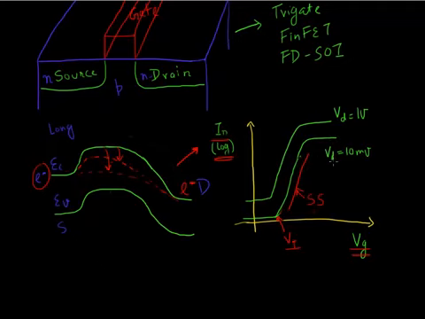So what happens in a conventional long channel transistor when you go from, say, a drain voltage of 10 millivolt to a drain voltage of 1 volt, so say you increase your drain voltage by 100x?